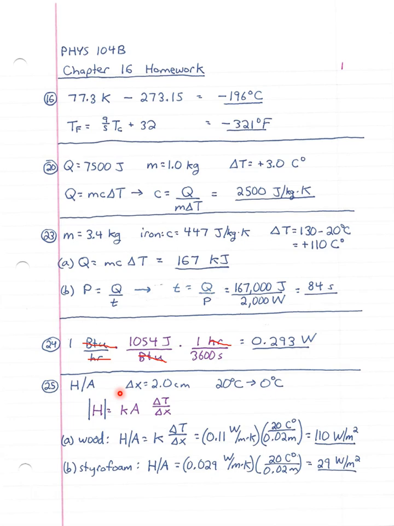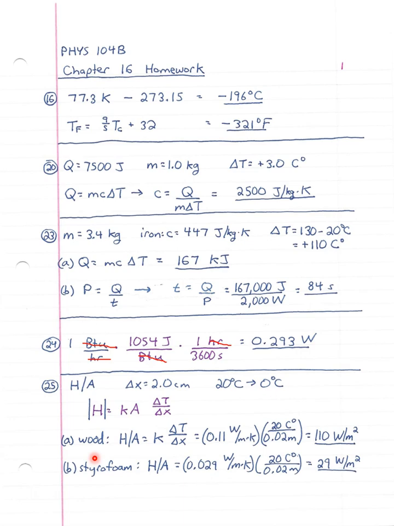The thickness is delta X equals 2 centimeters. One side is 20 degrees Celsius, the other side is 0 degrees Celsius. I put an arrow there showing that that's where the heat is flowing, always from high temperature to low temperature. We're going to use this formula. The magnitude of heat loss is KA over delta temperature, or difference in temperature, divided by thickness.